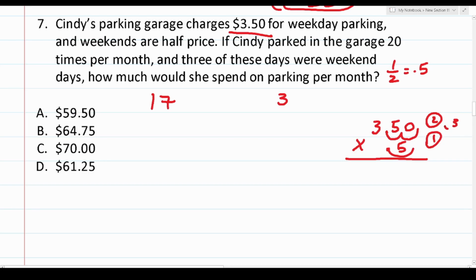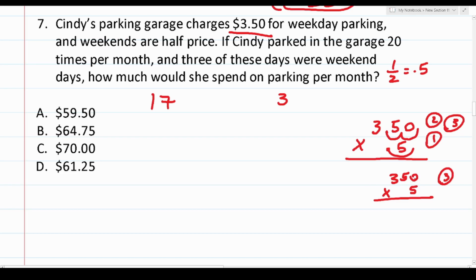So in total, I shifted the decimal place 3 times, 2 in this top number, 1 in this bottom number, and this becomes 350 times 5 with no decimals. And once I work this out, I'm going to take those 3 decimal places that I shifted to the right and shift them back to the left.